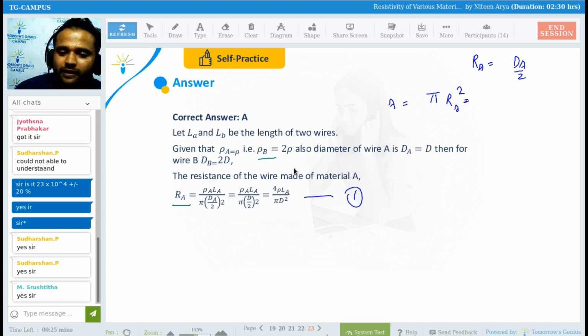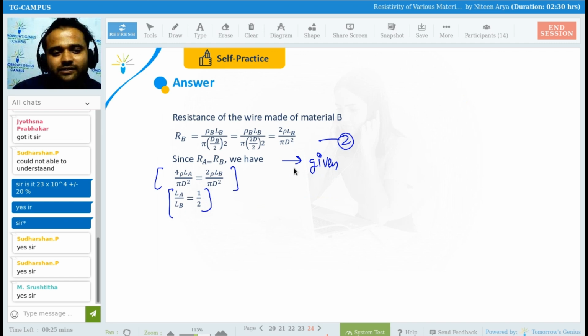Sudarshan, I find one good thing and one bad thing in you. I'll tell you both. You understand things quickly and solve things quickly also, but at the end you guess it out. So don't do this. Be confident in your calculation.